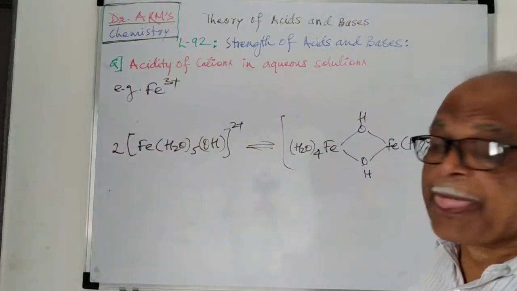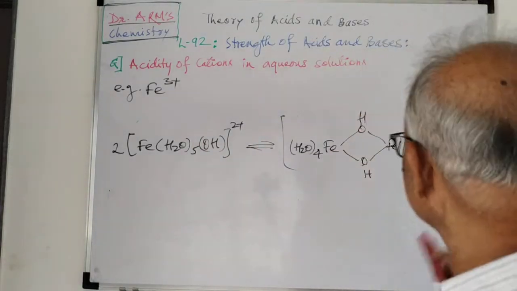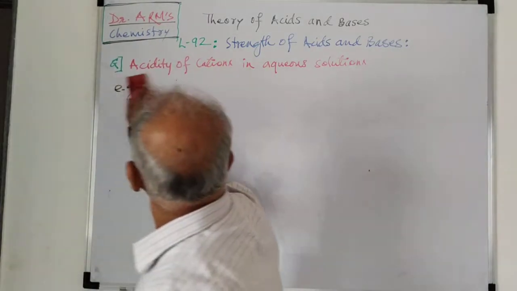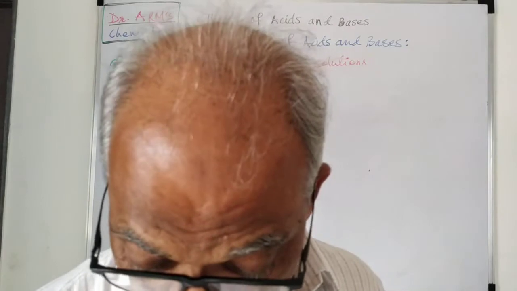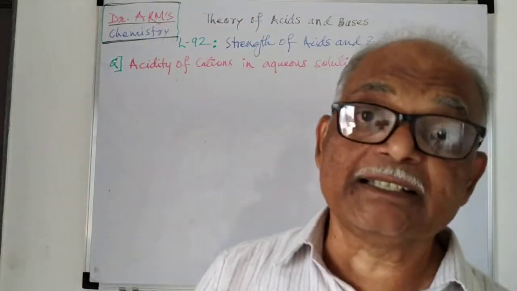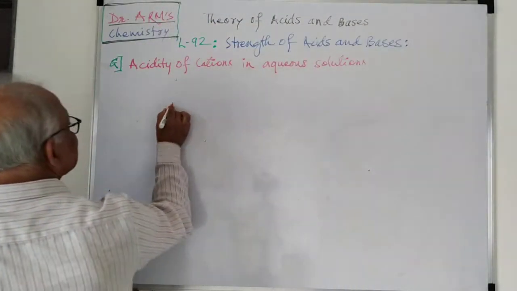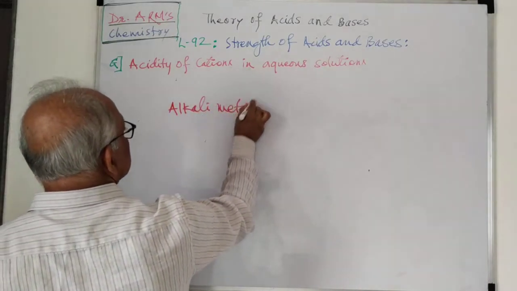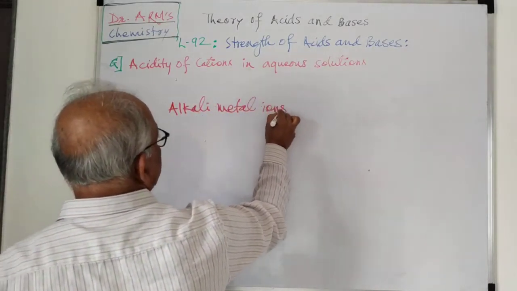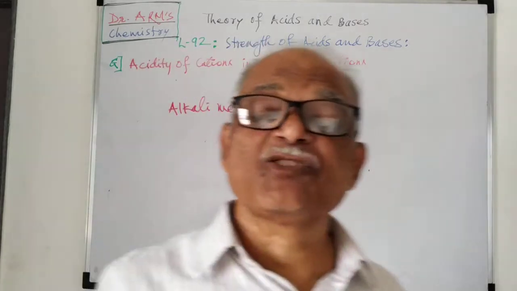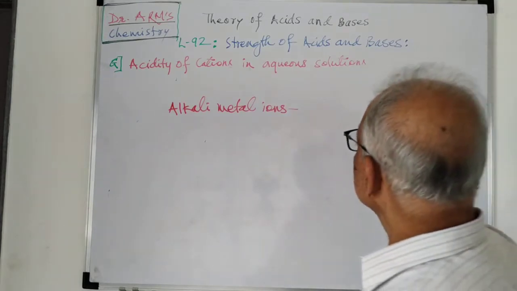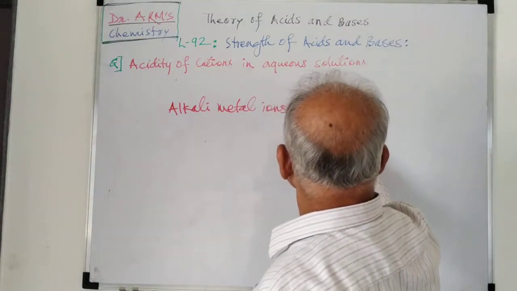If we see the other cations, such as alkali metal ions, these are not acidic, meaning they show no acidity.